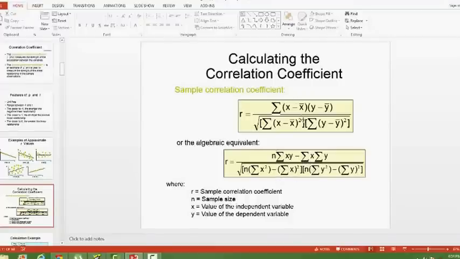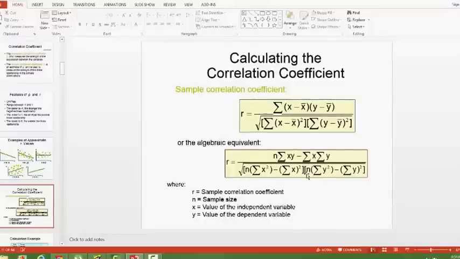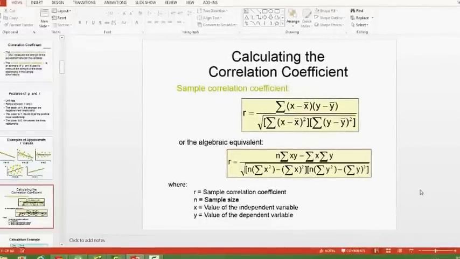You can always compute the same thing using the first formula also, and you'll get the same value, but the second formula is what is recommended. Remember, here you have the n. N is the number of observations that you have, and then x and y are known to you. So you can put them in the formula and compute the value.